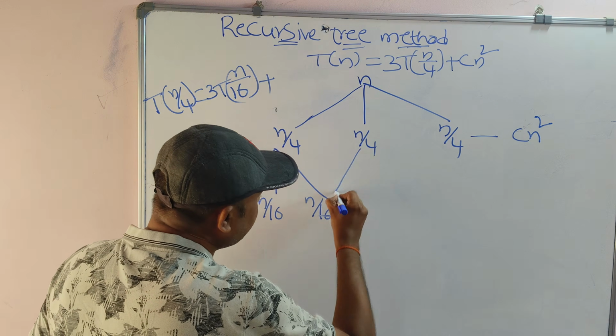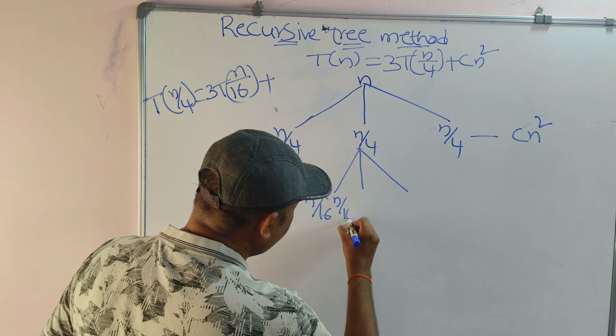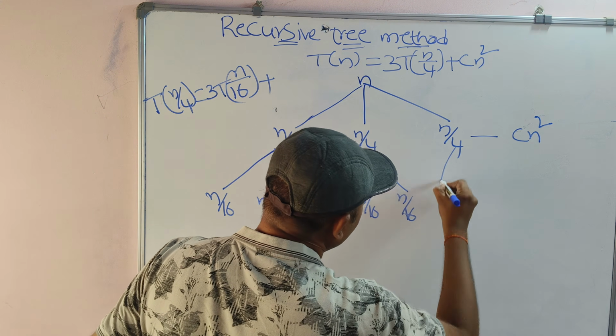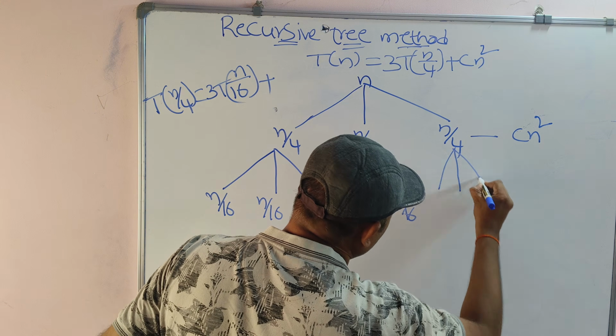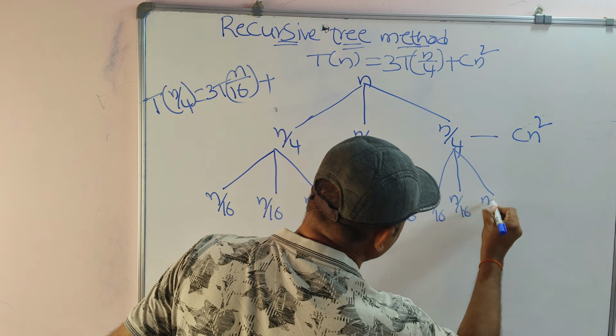Likewise, the other n/4 parts are also divided into 3 parts, each containing n/16 elements.